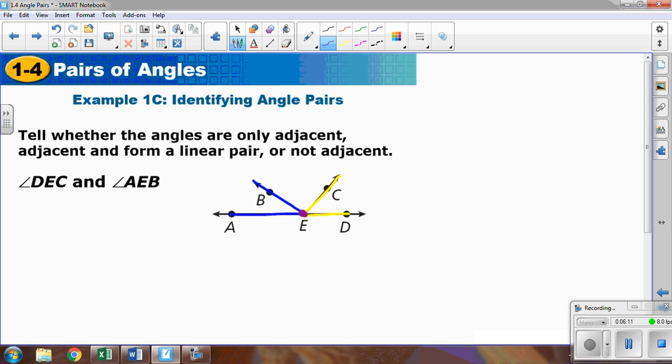But would you describe those as adjacent? No, these are not adjacent because they don't share a side. Adjacent angles need to have the side matching up and actually sharing it together. It's like the walls of an apartment building to be adjacent. So these are not adjacent at all.